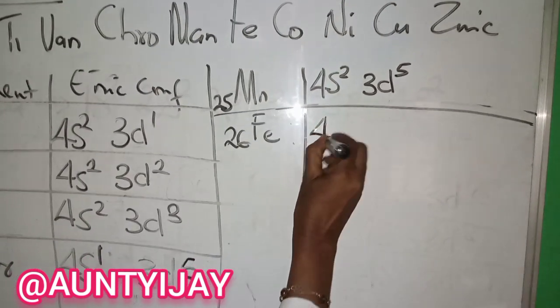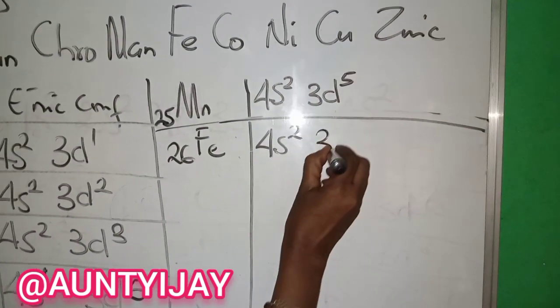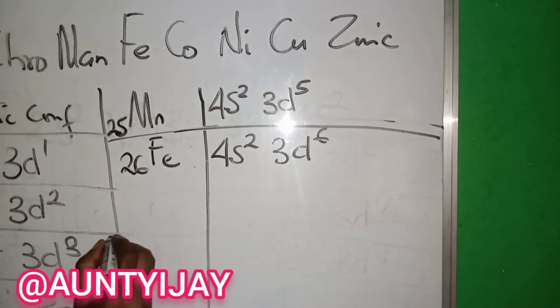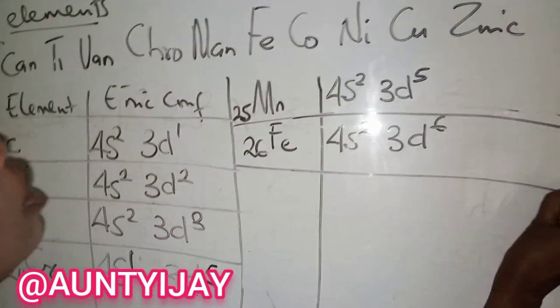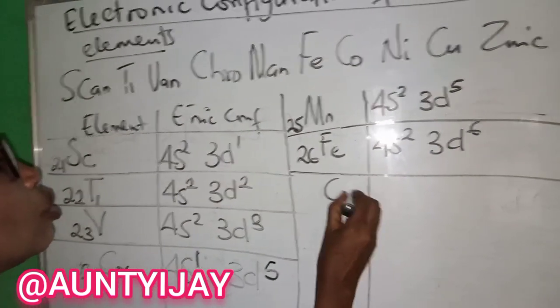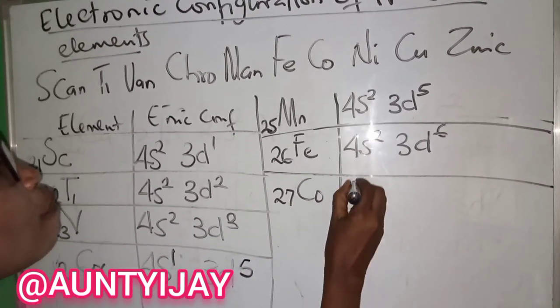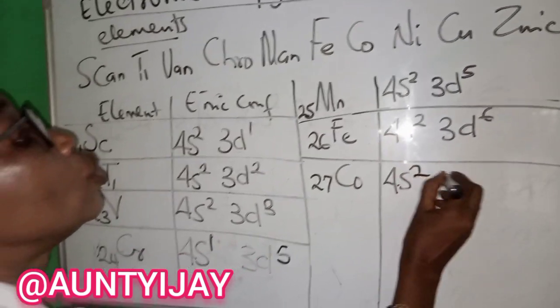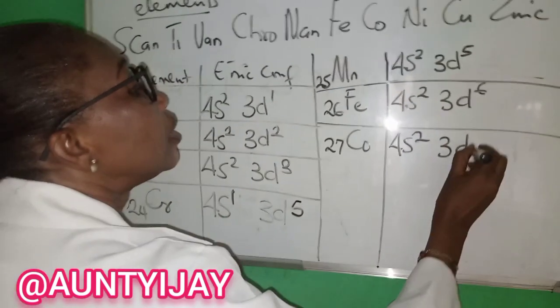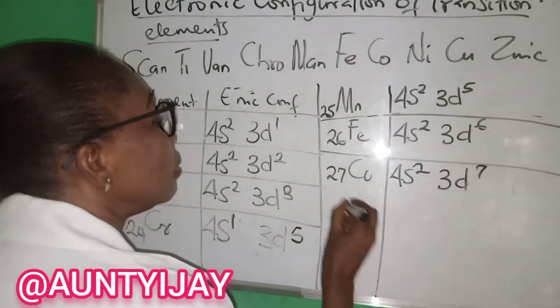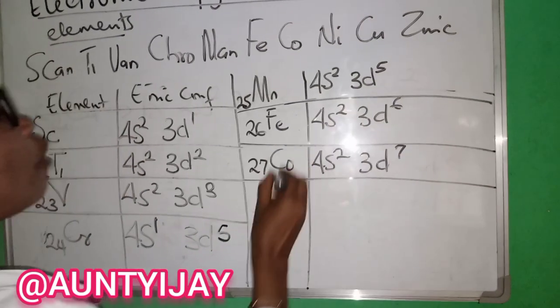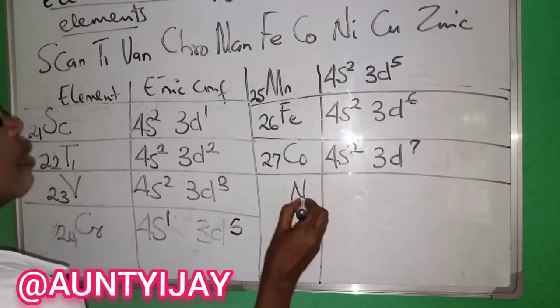We have 4s2 3d6. Then we go for cobalt, with atomic number 27. So we have 4s2 3d7.